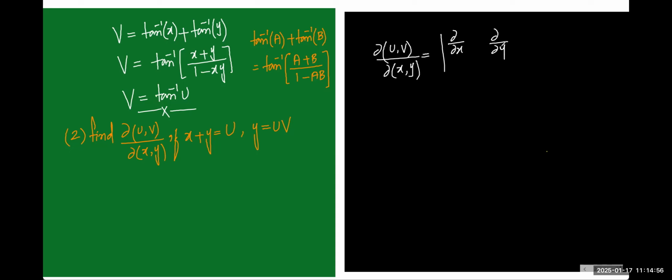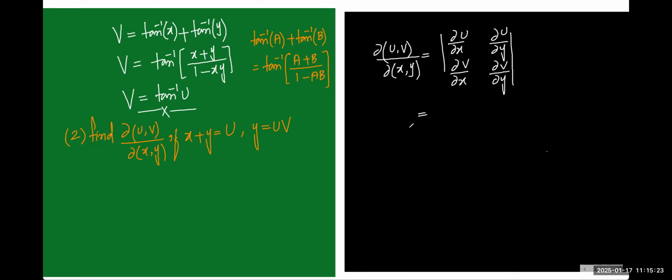Dou by dou y, dou by dou x, dou by dou y. Your first row will be u, u, v, and v, like that, which is equal to.